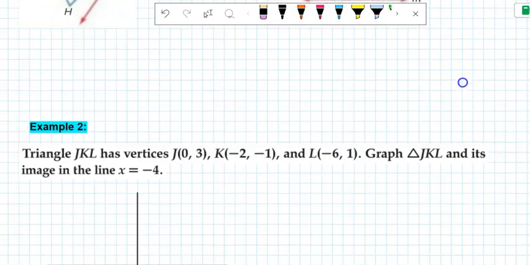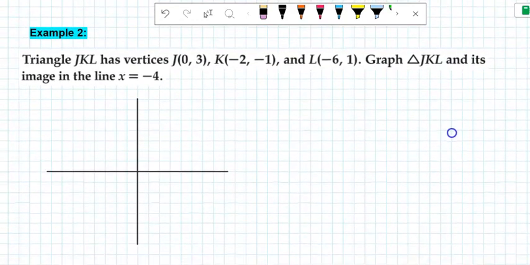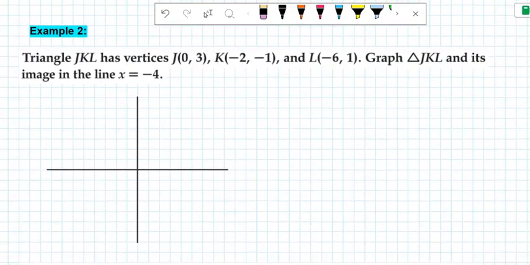All right, so let's look at it on a graph, and then hopefully it can be more exact so that you can see it. So we have a triangle JKL has vertices. Okay, let me switch these colors up a little bit. I'm going to graph the original triangle JKL. So hopefully you remember graphing coordinates from Algebra 1.